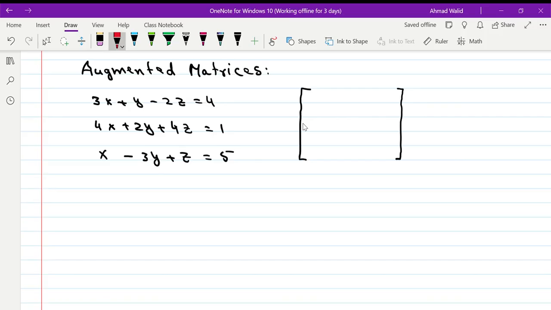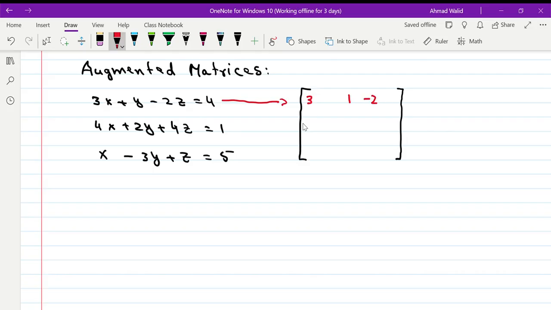How to first write an augmented matrix? What you do, copy first the coefficients of all variables, correct? Look at your equation number 1. The coefficient of x is 3, the coefficient of y is 1, and the coefficient of z is -2, correct?